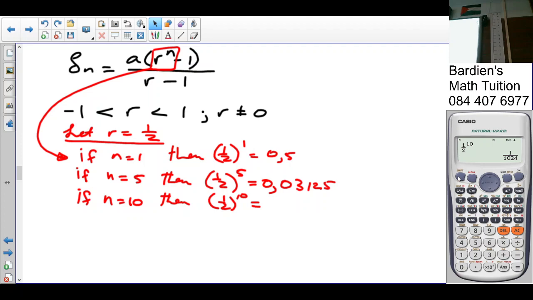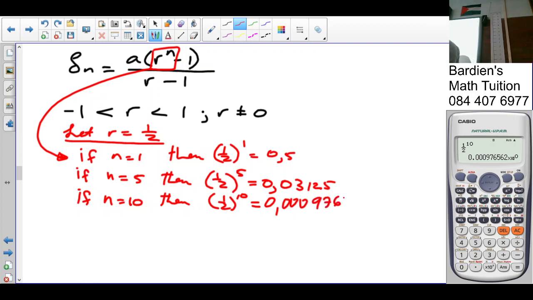So you press shift, engineering. So that number is actually 0 comma 0 0 0 9765. 3 zeros, 9765. And of course the number carries on.